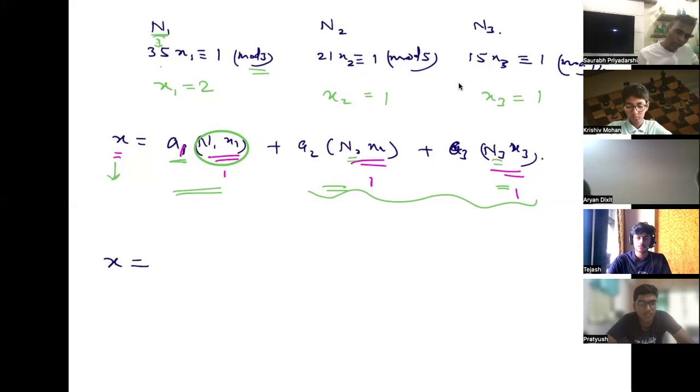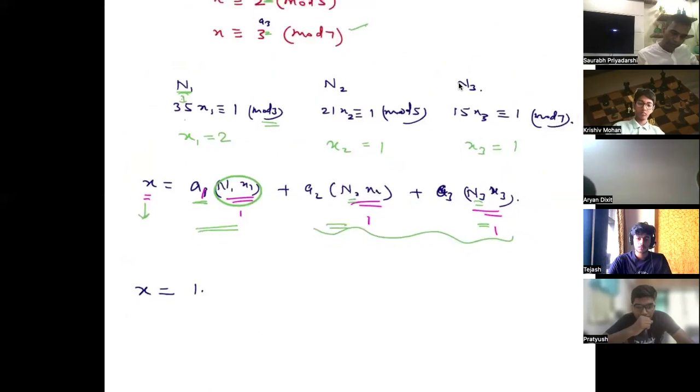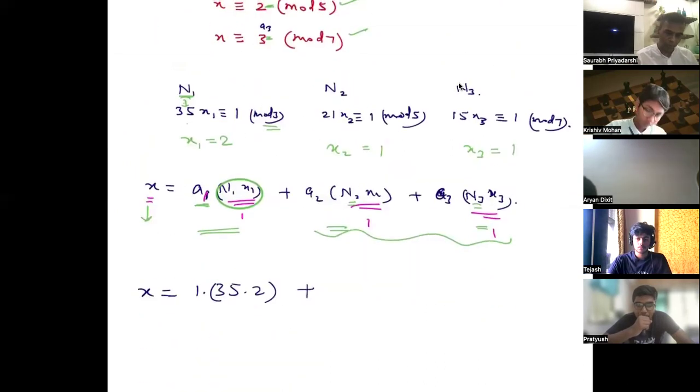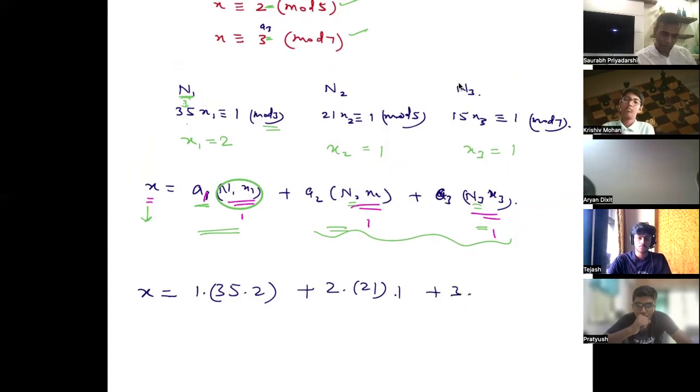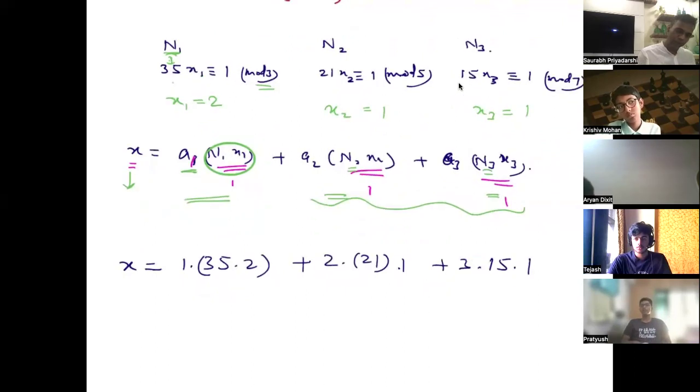So x is equal to a1, which is 1, into n1 x1. N1 was 35 into 2, plus a2 is 2, n2 is 21, and x2 is 1, plus a3 is 3, and this is 15 into 1. Is this okay?